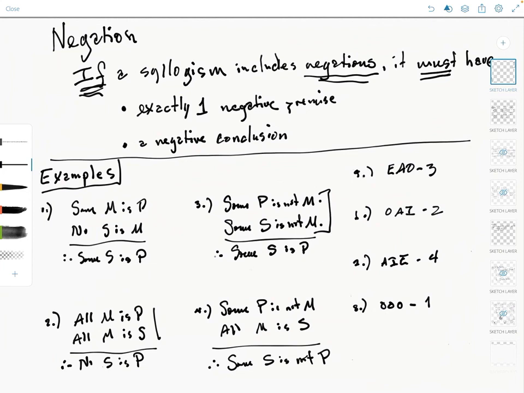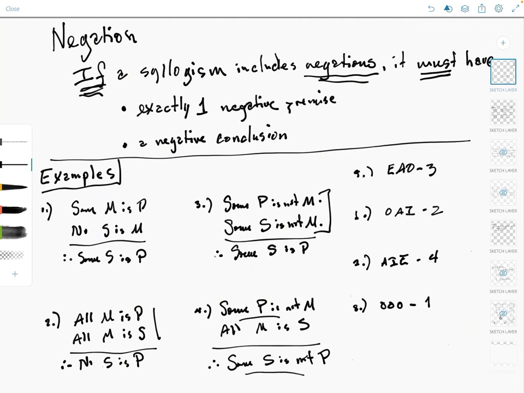Now let's look at number four. Some P is not M, all M is S, therefore some S is not P. Do we have negations? Yes, it triggers the rule. Do we have exactly one negative premise? Yes, it's the major. Do we have a negative conclusion? Yes, some S is not P. So number four actually passes this rule.